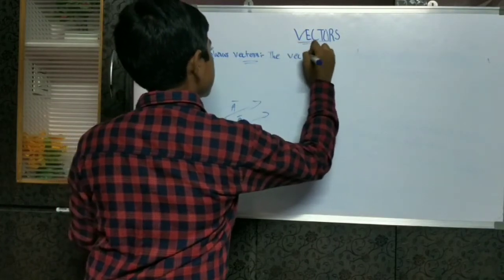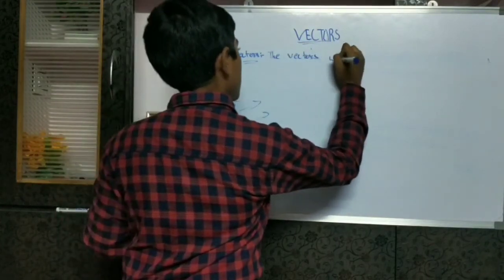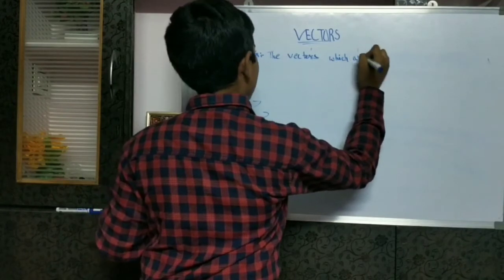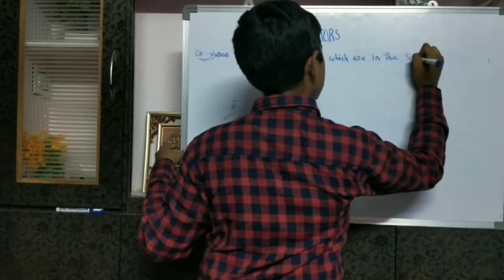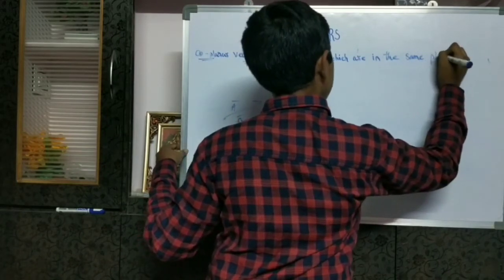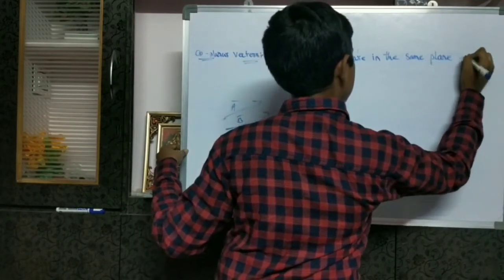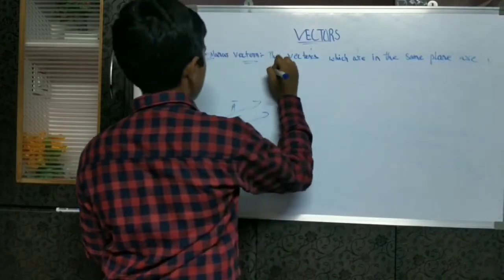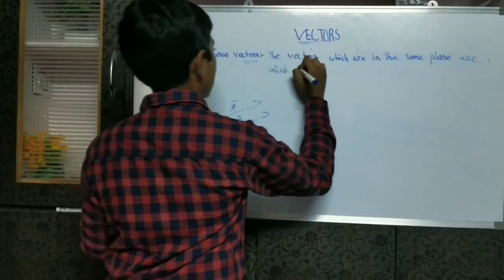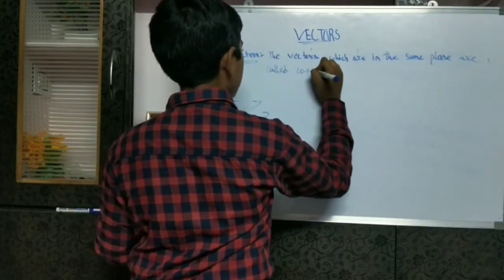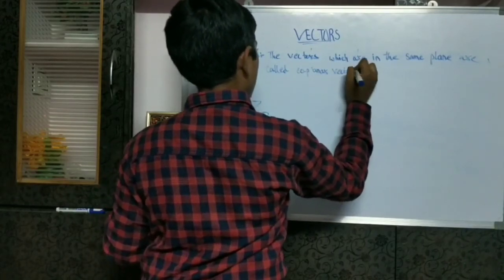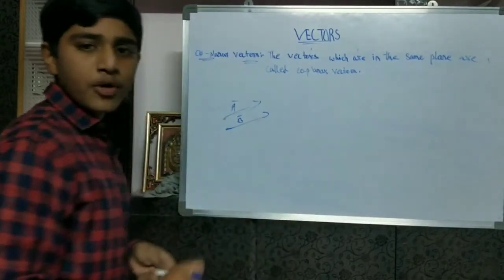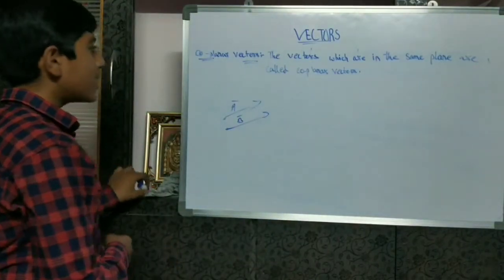The vectors which are in the same plane are called coplanar vectors.